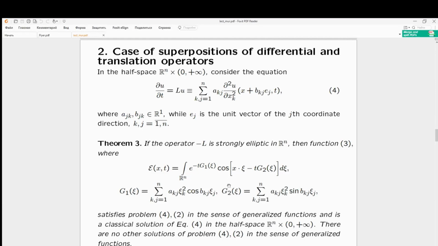The substance is as follows: it satisfies the Cauchy problem in the sense of generalized functions, but once we leave the initial hyperplane, the solution immediately becomes classical. And the uniqueness is preserved, so there are no other solutions of problem 4.2 in the sense of generalized functions.